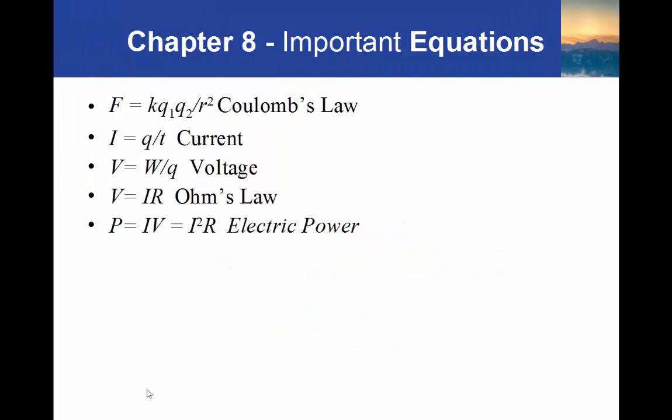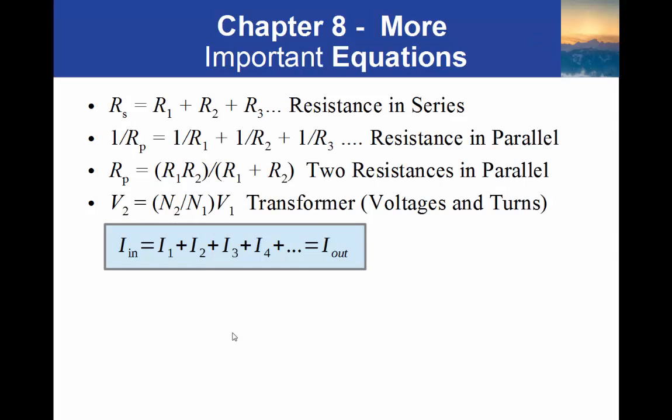These equations are presented just before the exercises section at the end of the chapter, and of course, they are also found within the notes and within the text itself. We have a few sets of important equations because we also have equations that go with resistance in series, resistance in parallel, and transformers.